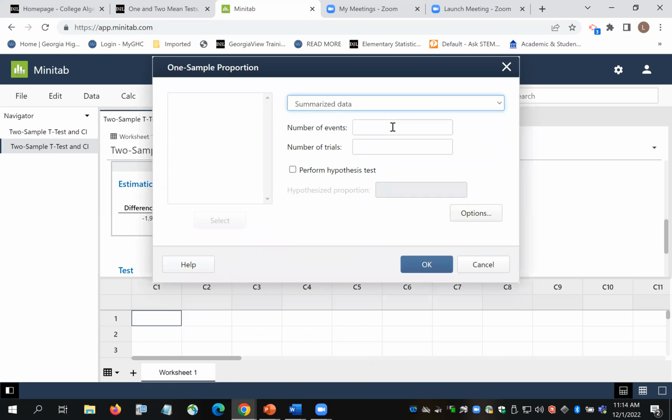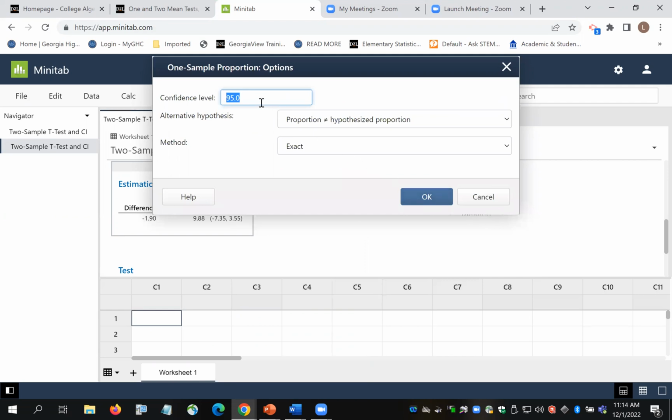I have summarized data. The number of events was 83. There were 100 patrons surveyed. We are performing a hypothesis test. My hypothesized proportion is 67%. My confidence level is 99.